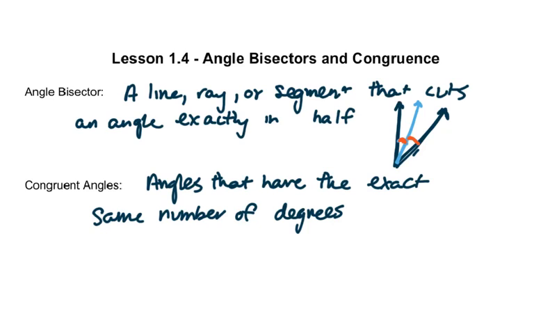So if I drew a diagram like this. Something you're going to learn at some point soon is that angles across from each other are congruent to each other. So we would find out that this angle and this angle are congruent.